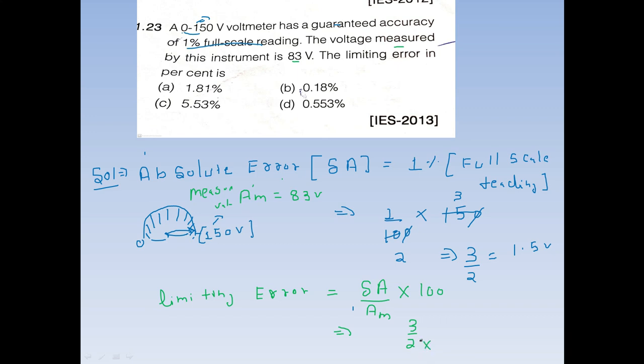So the measured value is 83, so 1.5 divided by 83 multiplied by 100. If you cancel it out, that is 150 by 83.